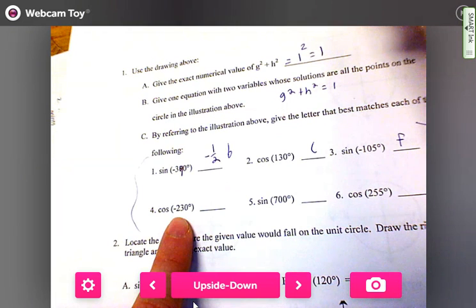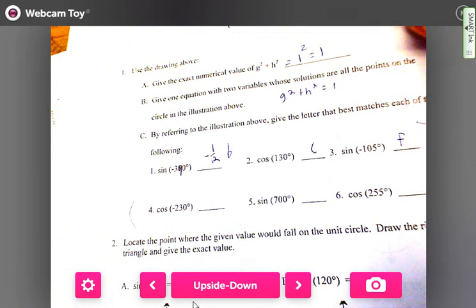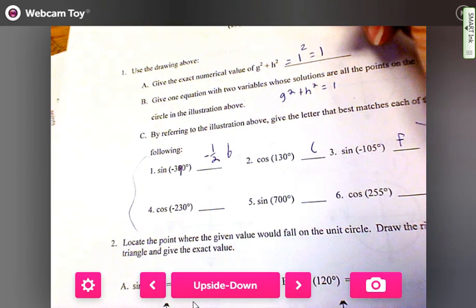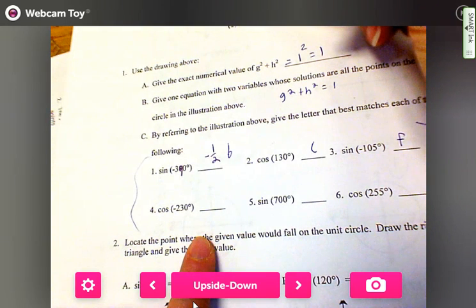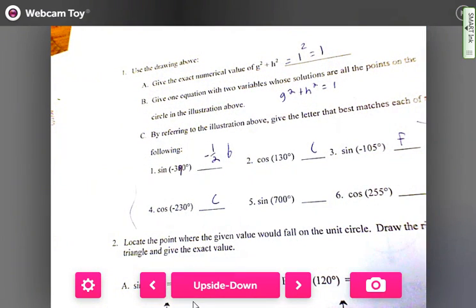Cosine of negative 230, so we want to go negative 230, which would be about here at C and D. So the cosine is the x value, that's C. 700. So for this one, I have to take 700, subtract 360 from it, and I get 340.